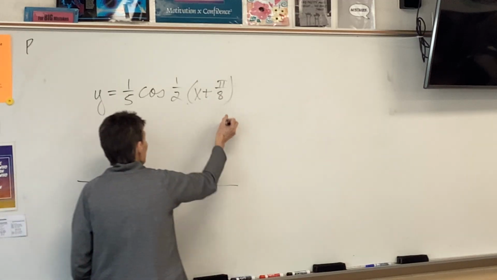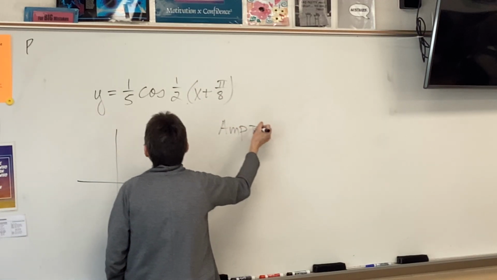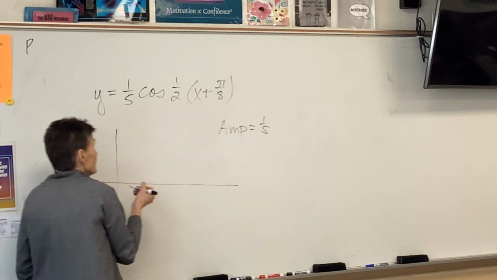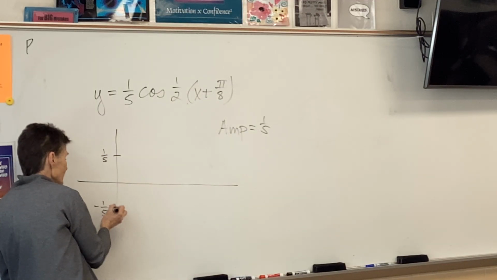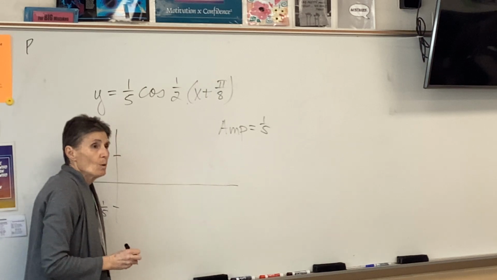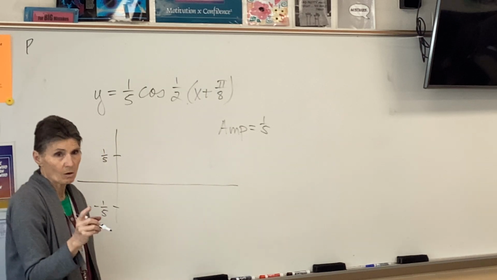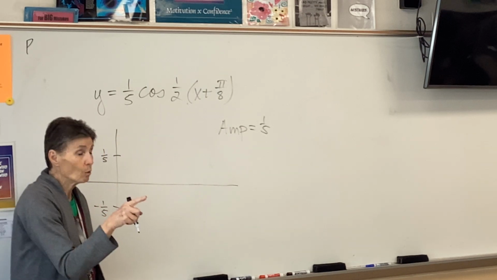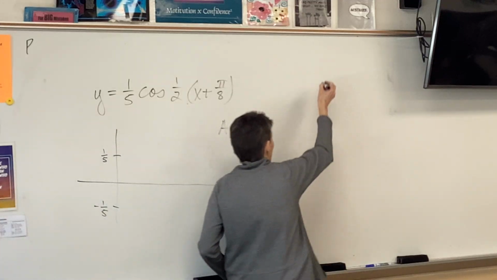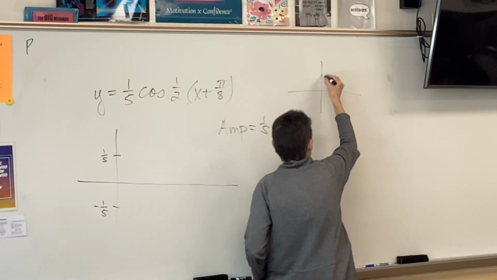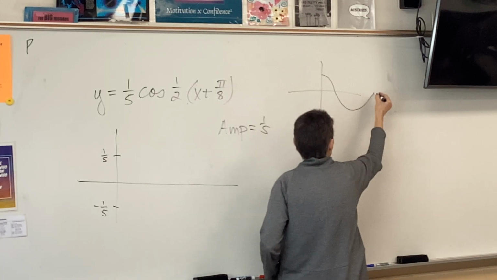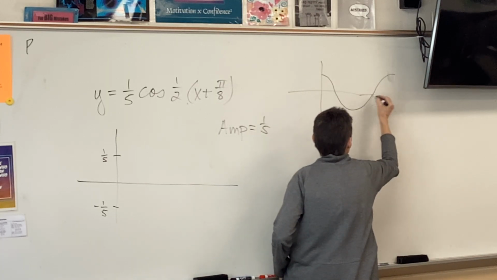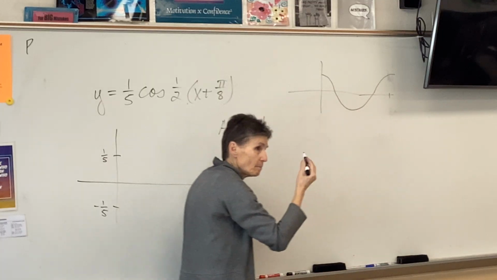So the amplitude is 1/5. We also should know that the general shape of a cosine is half a hill, the valley, and the other half of the hill, right? That is our general shape.